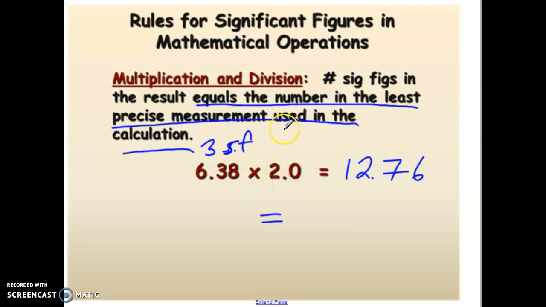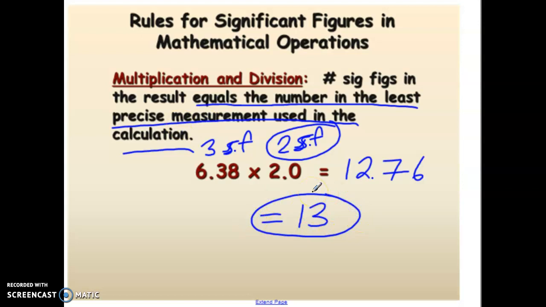And 2.0 is 2 significant figures, because the 0 counts because of the decimal point. So we would need to round this to 2 significant figures because it's the lower number. So instead of 12.76, actually our final answer here would be rounded to 13. So this is why it's important to remember your rounding rules.